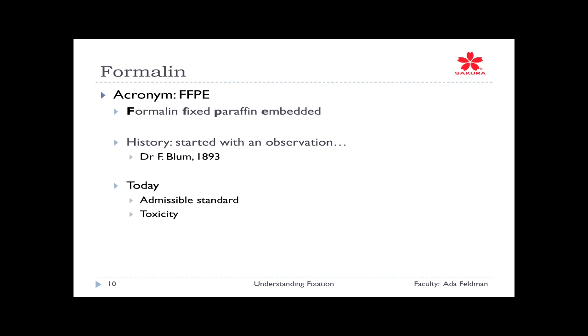There was our 10% formalin, okay? He did some histology. He realized it preserved the red blood cells on the mouse. The natural colors of the tissues were so much better than alcohol, which was being used at that time as a fixative. And so that's where we got 10% formalin, okay, because someone was looking for a disinfectant.